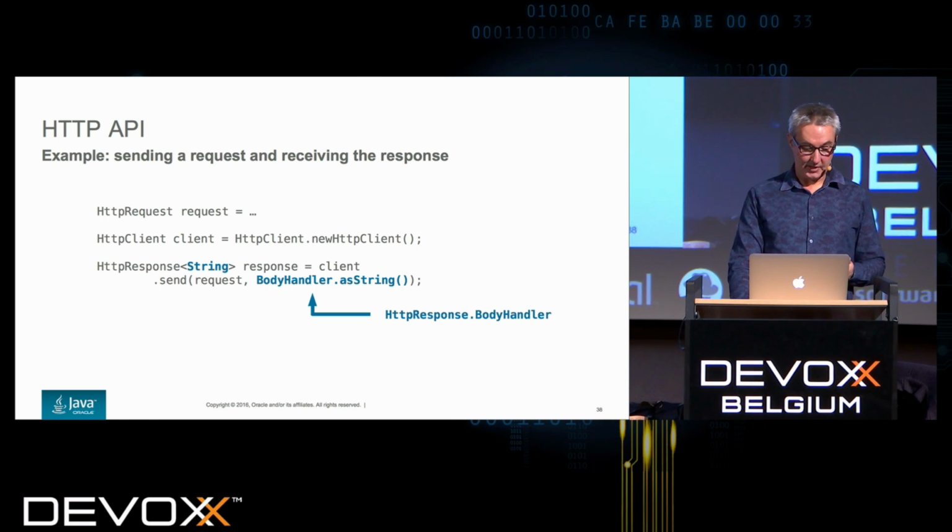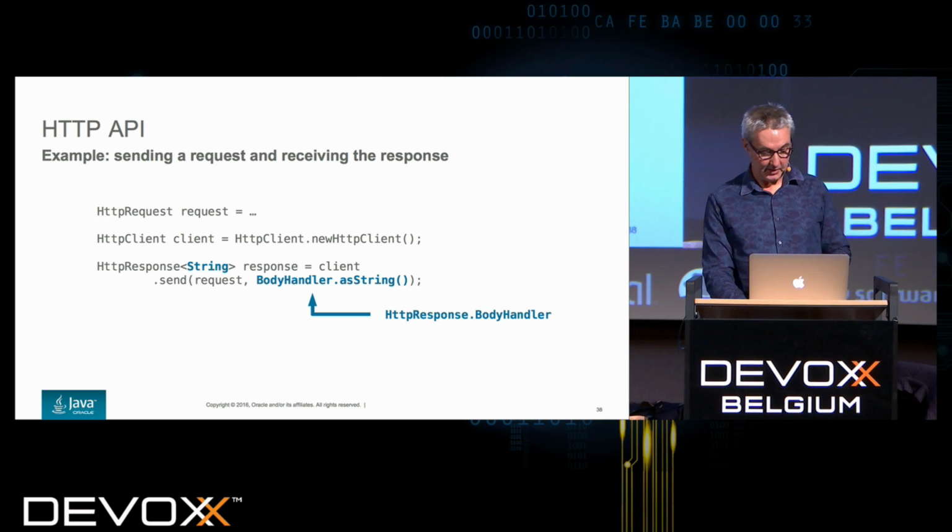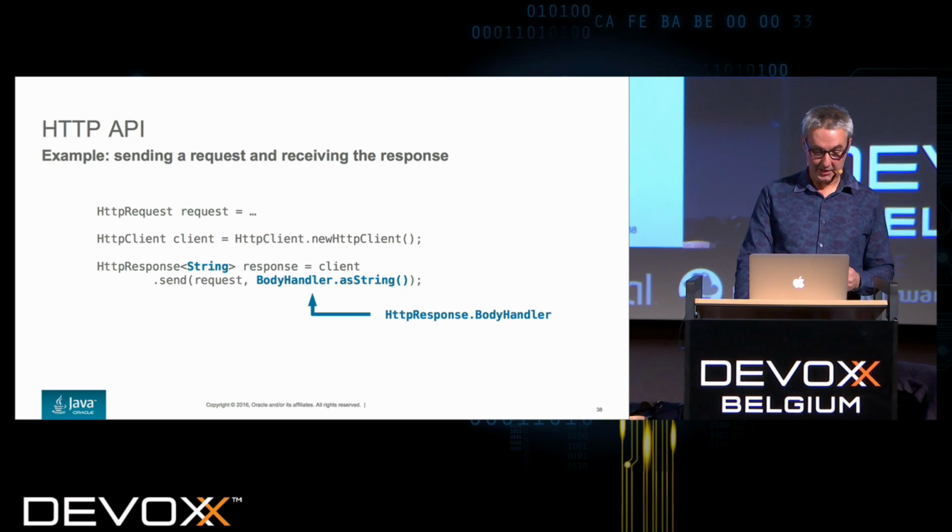Now in this case we're using an object returned from BodyHandler.asString. This is one of the standard response body handler types that we define in the API. And that means the response body is treated as a string, and you can see the HttpResponse type itself is parameterized with a type T, and that type T is the type of the response body.